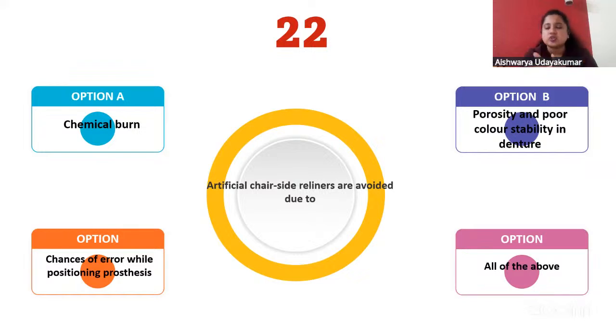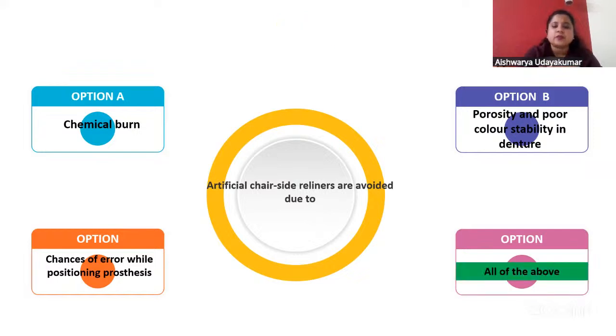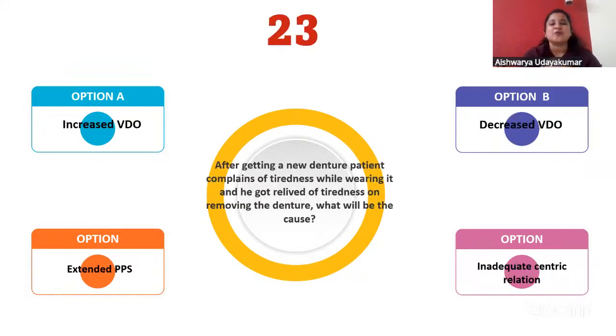You can never match to the particular denture that you have given because artificial reliners come with their own shade. You can't match with that, and porosities can happen. There are chances of error while positioning the processes. There are two types of relining: laboratory relining and chairside relining. If you are going with chairside relining, obviously the positioning of the processes can be affected. Now, we see that all these options are certainly right. Therefore, we go with all of the above.